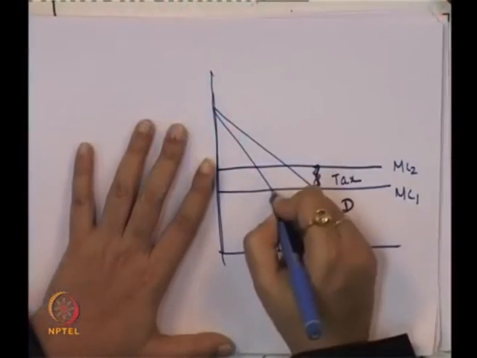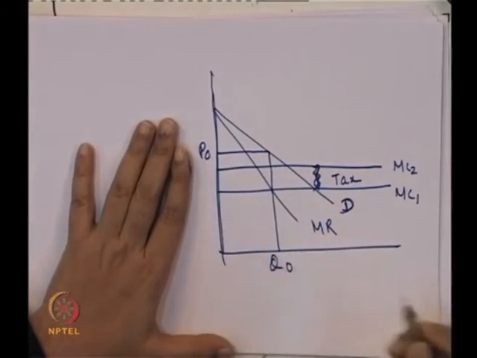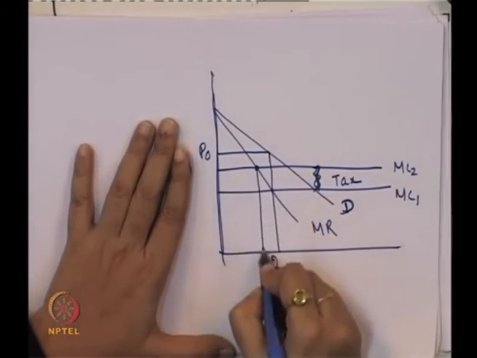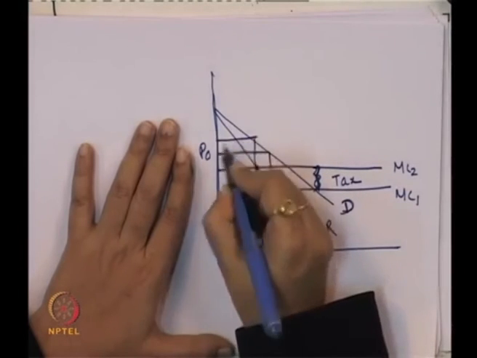But obviously here the change in the price is more than the change in the price in the previous case, because since it is a horizontal marginal cost curve, part of the tax amount is still borne by the monopolist. So in the first case, this is the price, and in case of the second one, that is MC2 and MR, this is the price.